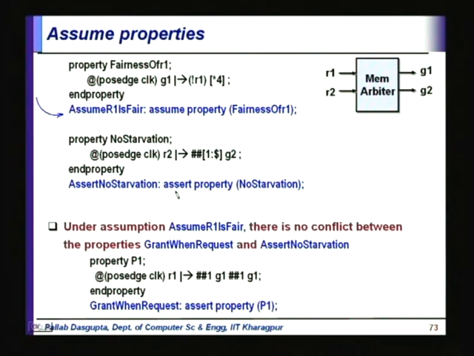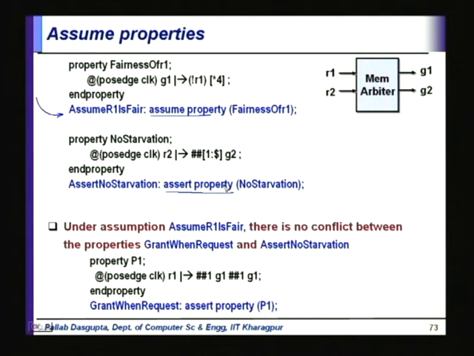That definition was there in the interface definition. So, now in the interface definition we are going to define this one as an assume property and this one as an assert property.